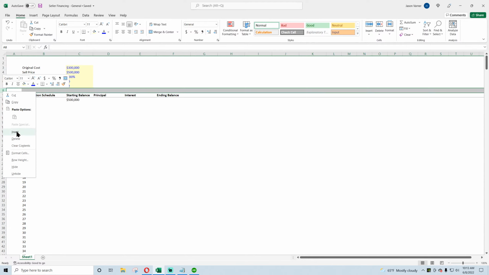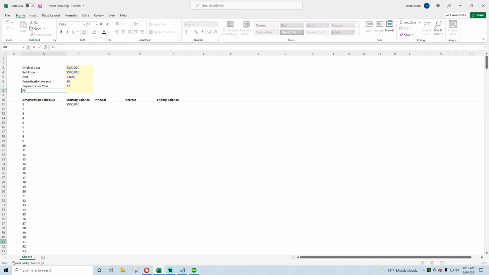And then first payment date. We'll put a date function in here. Let's say we're going to start paying it on July 1st, 2022.